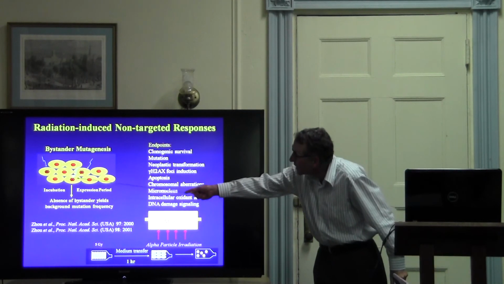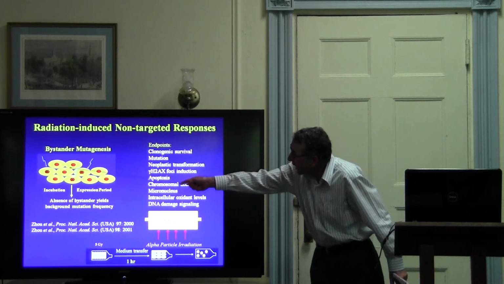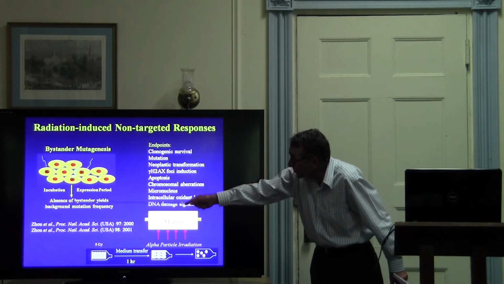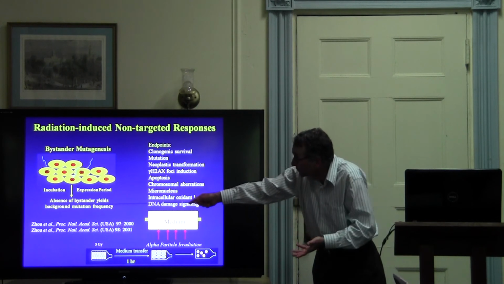These cells that receive the 20, 30 alphas would die, and the rest are bystanders, and we can do mutation studies to measure the mutation frequency.